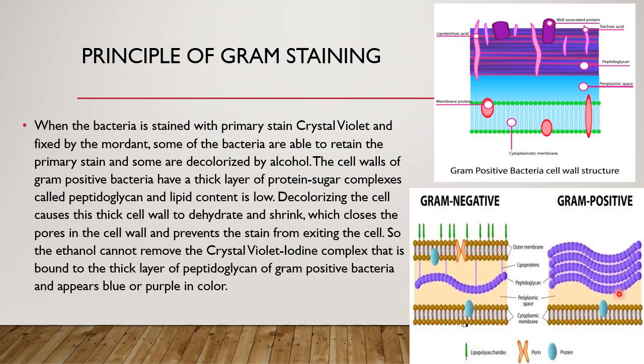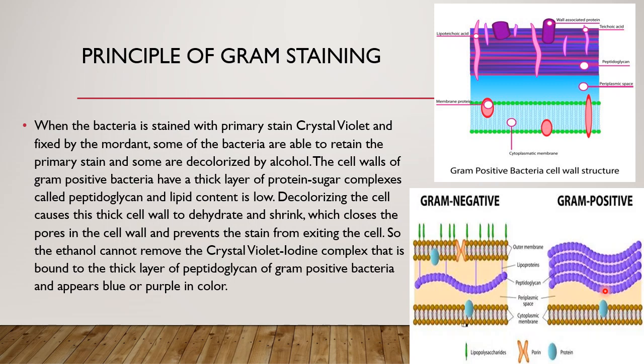So as soon as you add the decolorizer, this thick cell wall will dehydrate, shrink, and also close the pores present in the cell wall. Small pores will be there. Only when the pores are open can the stain move inside and come out. So as soon as you add the decolorizer, because of the thick layer, it gets dehydrated, it shrinks, and it closes the pores in the cell wall. And as a result, what happens?